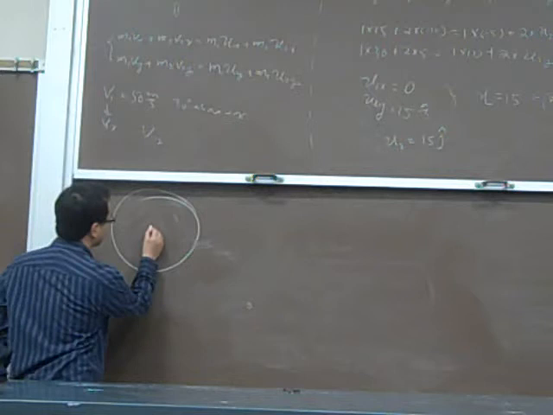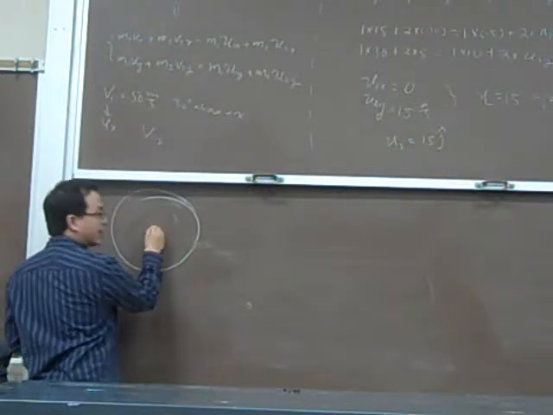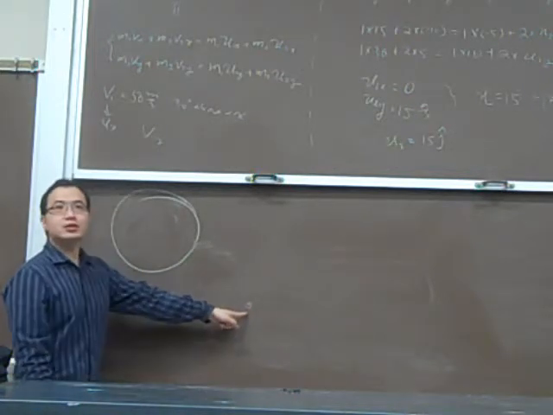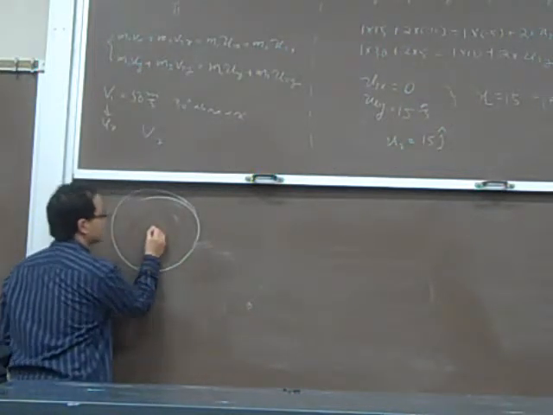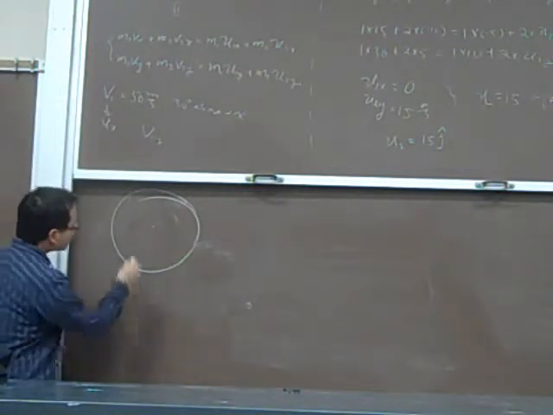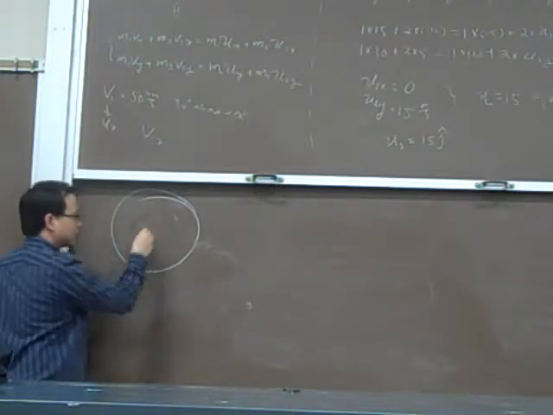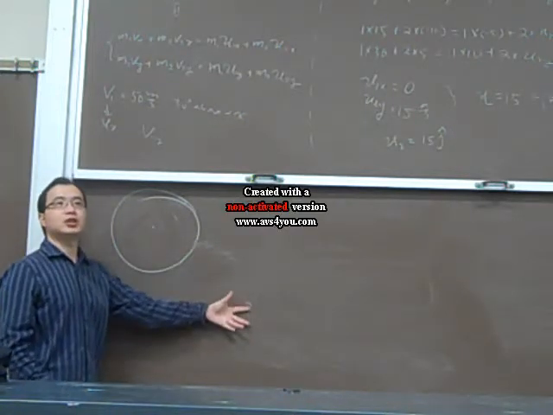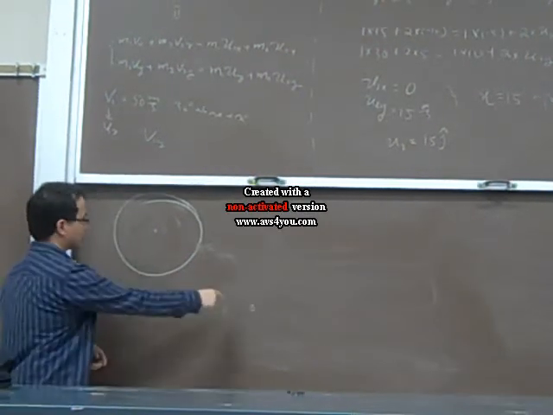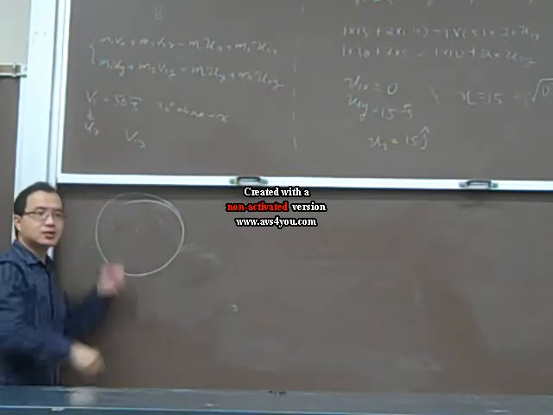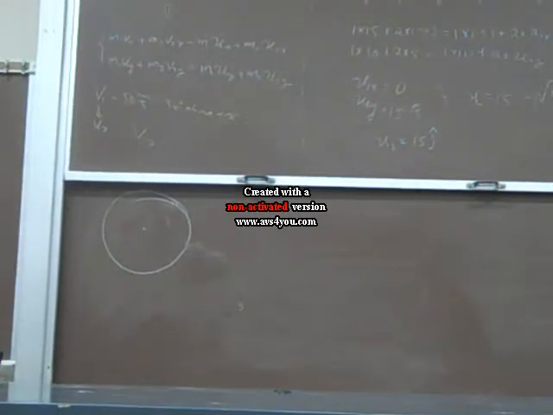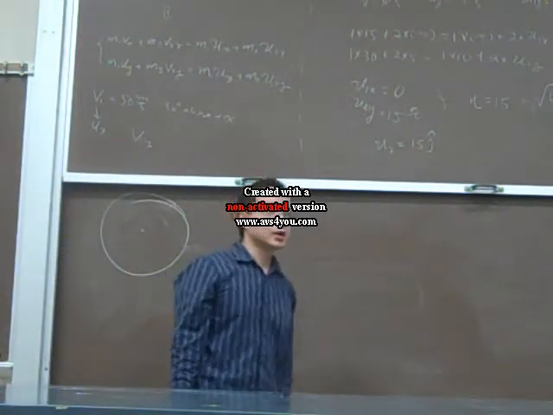For example, this is the center of mass for the Sun without considering the Earth. Even if you add the Earth, the center of mass only moves a little bit to here, because the Earth is so small compared with the Sun. So actually, they are moving around the center of mass of the two objects. But since the two points are almost the same, we just simply say that the Earth is moving around the Sun. So when the two masses are quite different, we can simplify the problem.